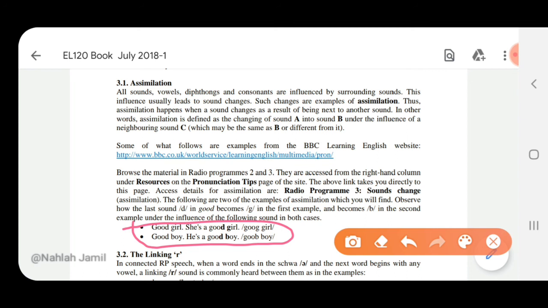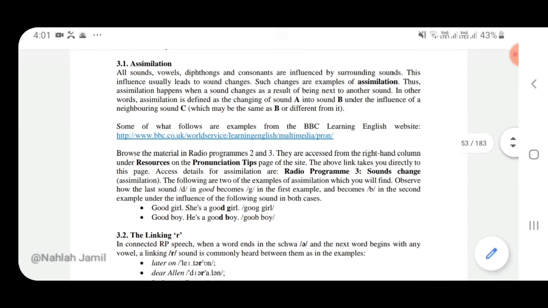The rule is the same: the first word may be affected by the second, or the second by the first, but exactly the change in the word is not the same. It may change according to the words, and it's not given for us here. The only examples we have are good girl and good boy.